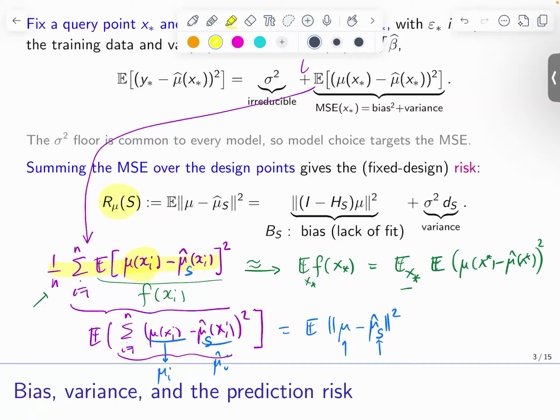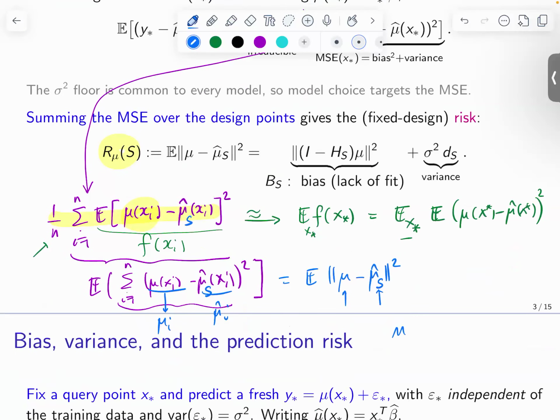Yes. It can come back. The thing is, I'm going to minimize this over S, so it doesn't matter whether it's 1 over n or multiplied by n. So I'm defining it like this. If you want, you can define the MSE of S to be 1 over n times the risk.